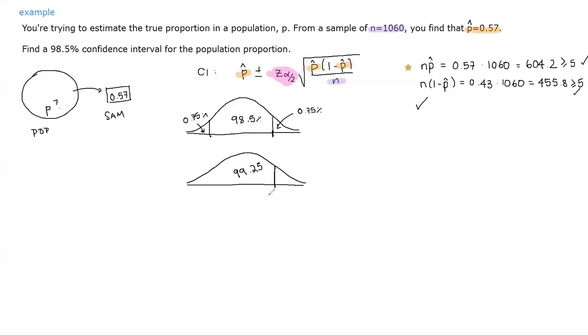And the value that I'm trying to look for is the boundary that corresponds to this over here, which based on this notation is Z 0.0075. So it's half of what I'm chopping from both sides. So this is 0.75%, which is the same as 0.0075.